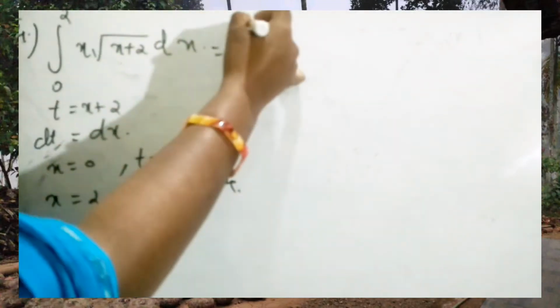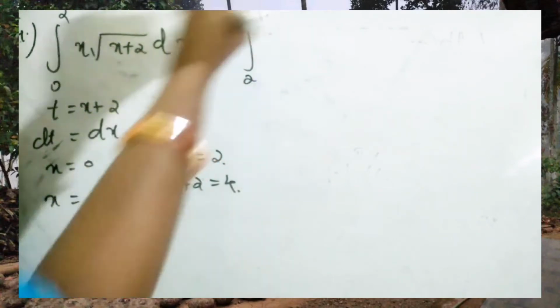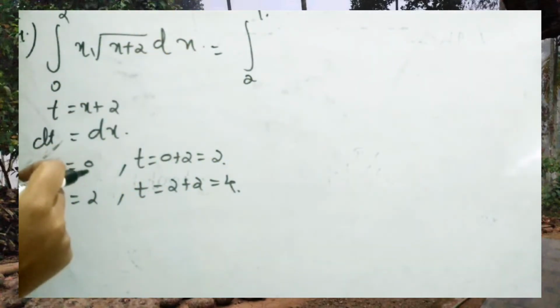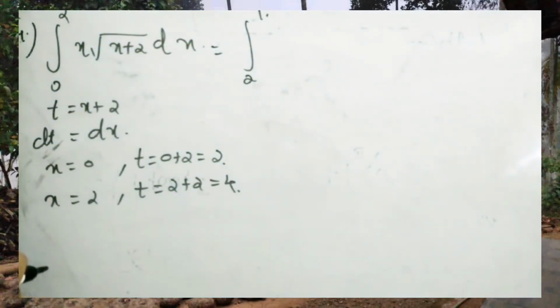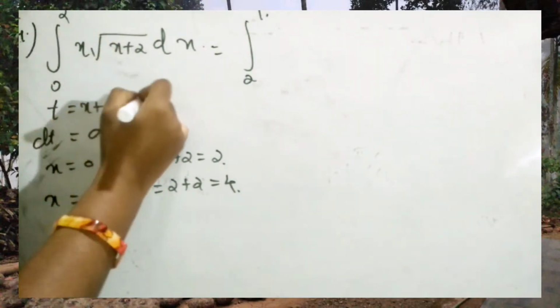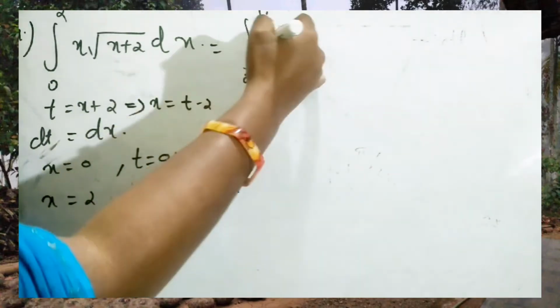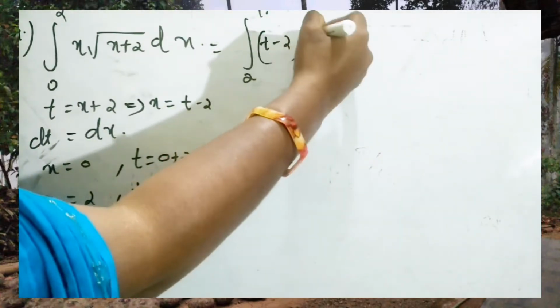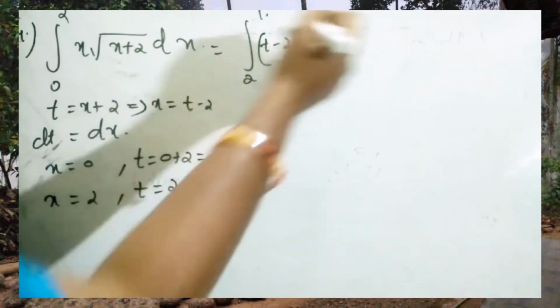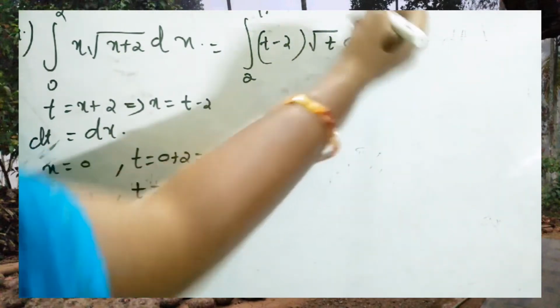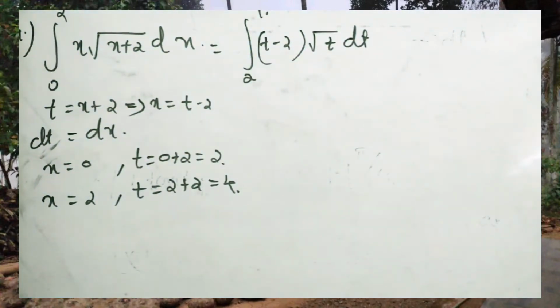Then this integral becomes integral 2 to 4. Here we have x, and t is x plus 2, so x is equal to t minus 2. So t minus 2 into root t, and dx is dt. So the new integral is integral 2 to 4 root t into t minus 2 dt.